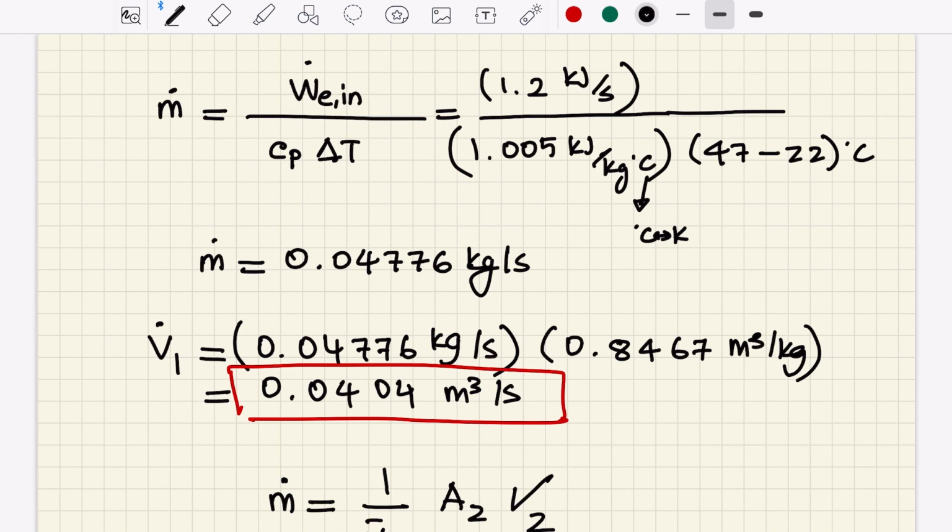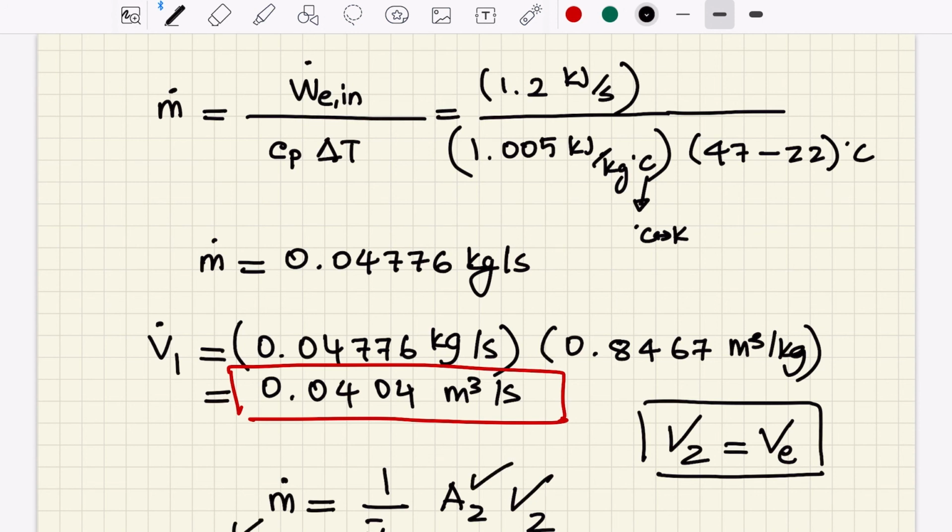That is the only equation that has velocity in it, and since we know area and mass flow rate, if we can figure out specific volume at the exit, then we can figure out the exit velocity. Then the question is, how can we figure out specific volume at the exit?